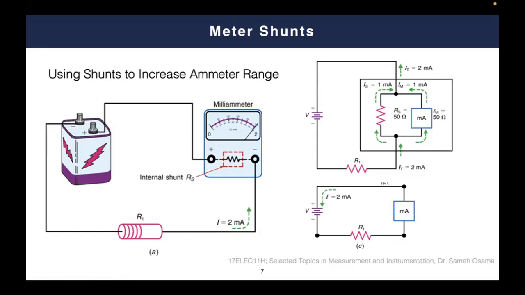So now, if you have a current of 2 milliamperes, which is your targeted full scale range, once this 2 milliamperes reaches this node, it will find two parallel branches, both of the same resistance of 50 ohms.